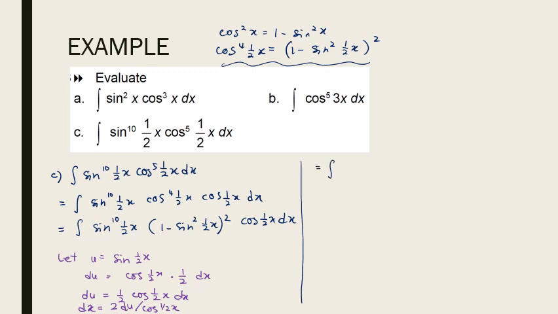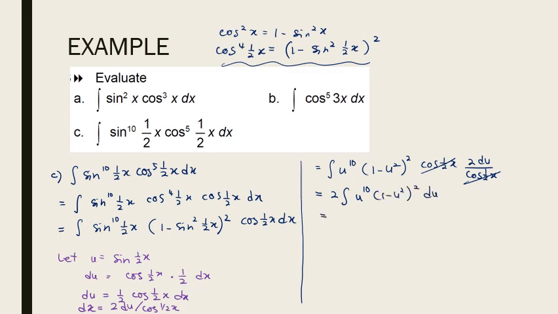Okay, substitute into our integration form. So, integrate sin is u power of 10, 1 minus u square, squared. Okay, so we have cos 1 over 2x. So, dx is 2 du over cos 1 over 2x. So, we can eliminate cos 1 over 2x. Then, simplify 2, integrate u power of 10, 1 minus u square, squared, du.